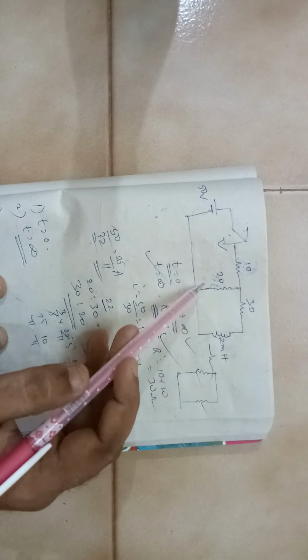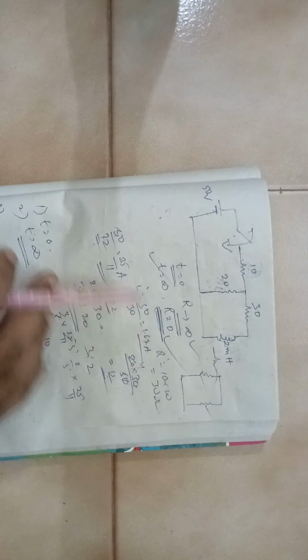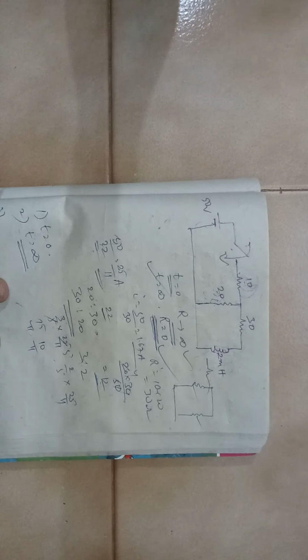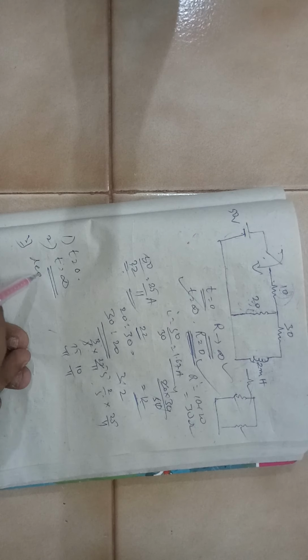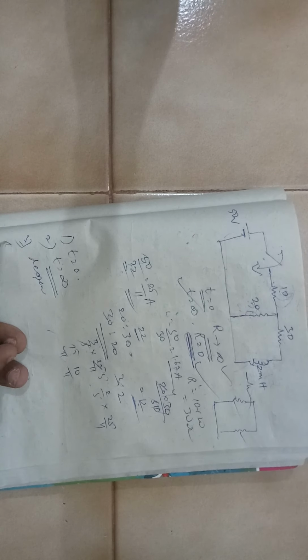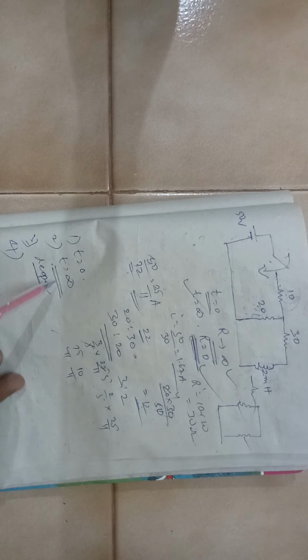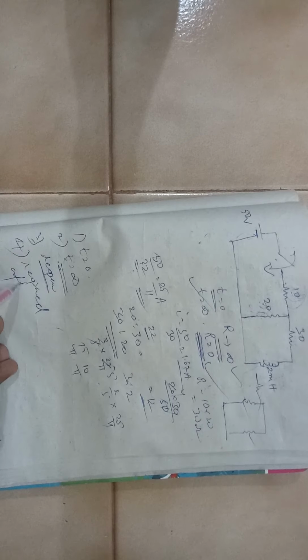In these two the currents will be same because, due to the EMF, for some time it will act like a battery, but in 10 ohms there won't be any current. That is the third situation when the switch is reopened after a long time.